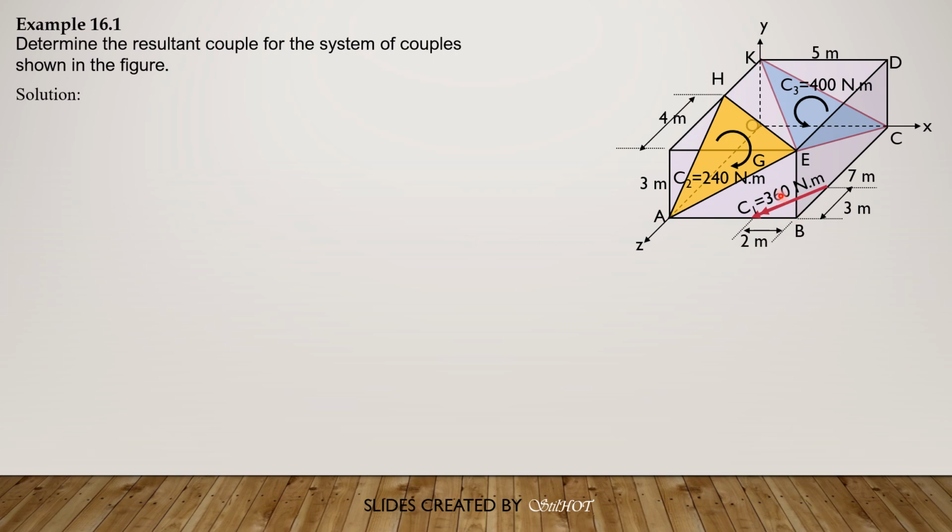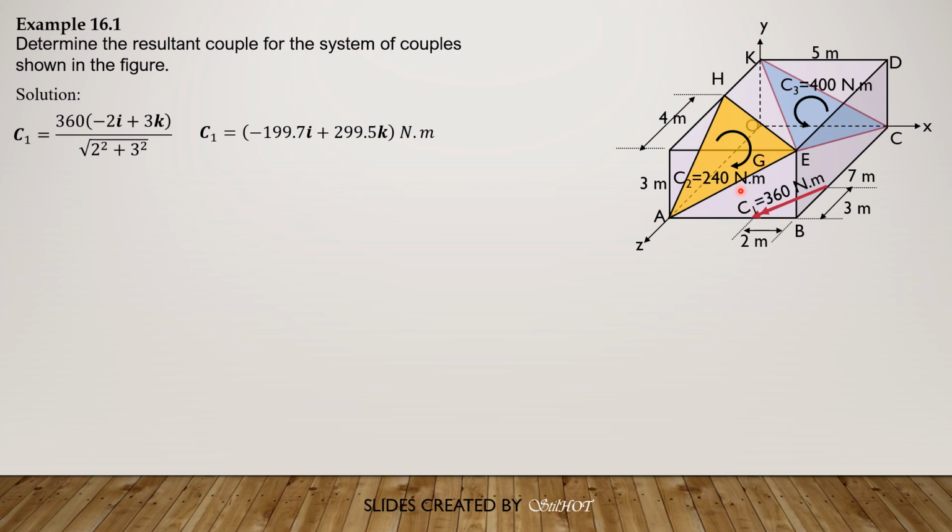So it is magnitude times the quantity negative 2i, then negative 3k, divided by the magnitude of that direction, square root of 2 squared plus 3 squared. So couple 1 is equal to negative 199.7i plus 299.5k Newton meter.